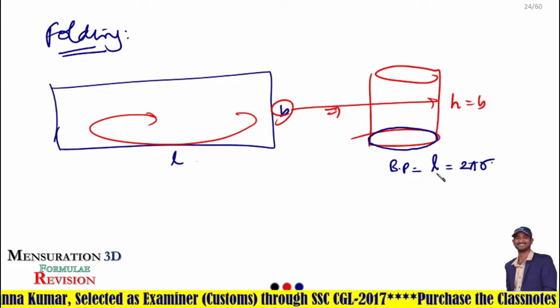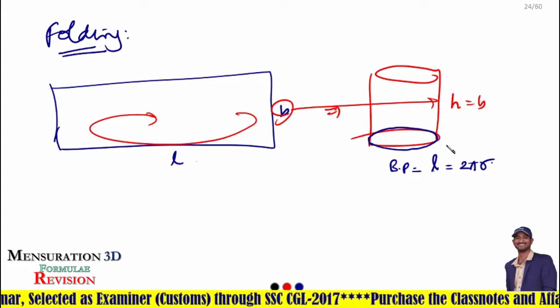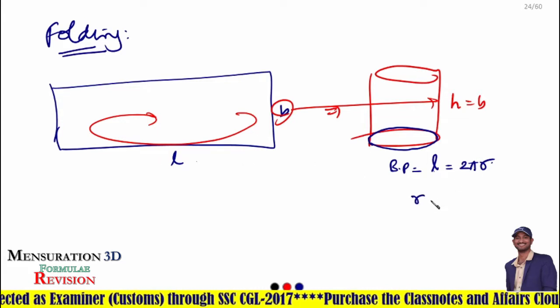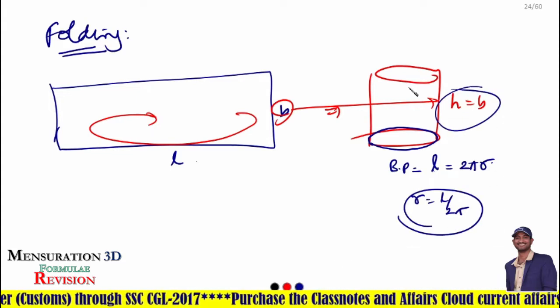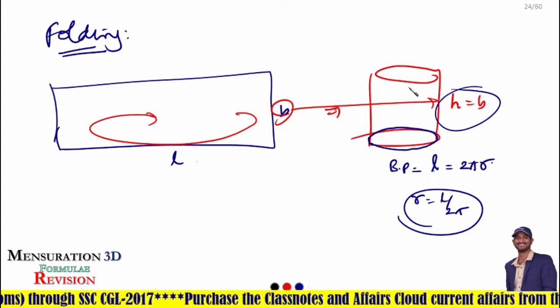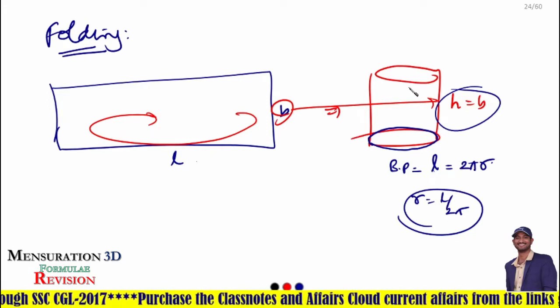So now tell me, if the length of the rectangular sheet becomes the base perimeter, then what is the radius? L by 2 pi. So these are the dimensions of the cylinder when folded along length.